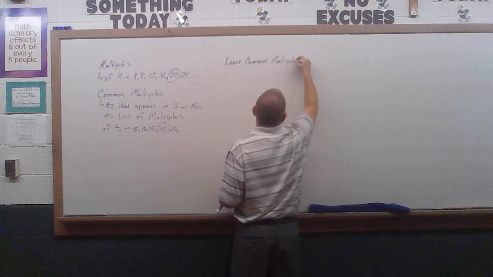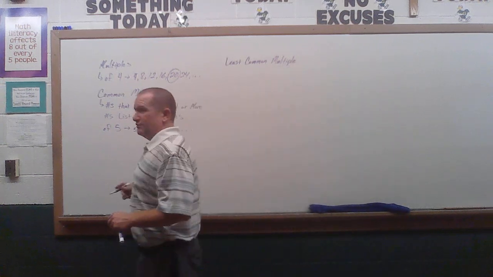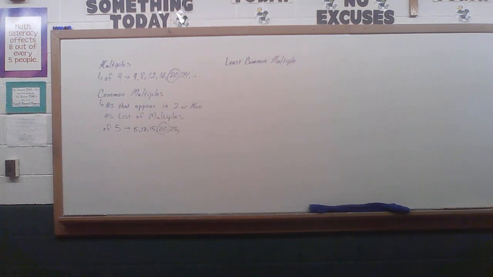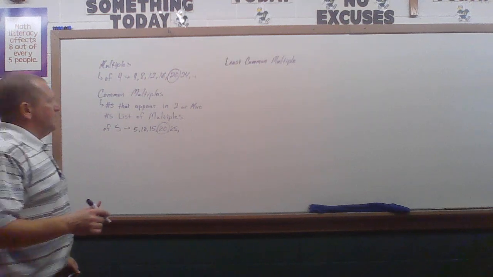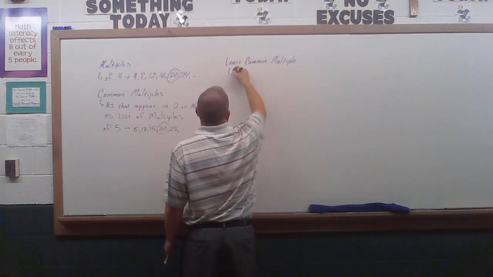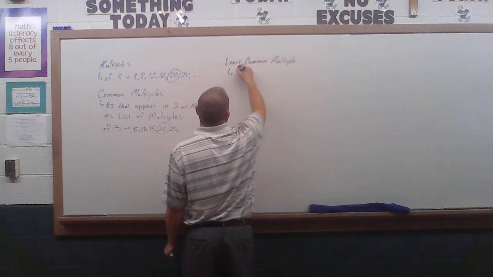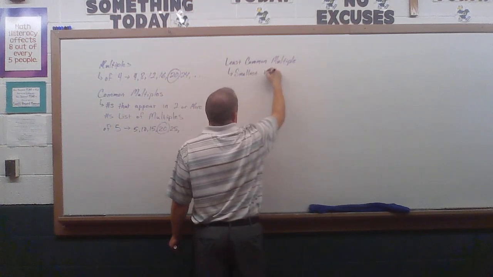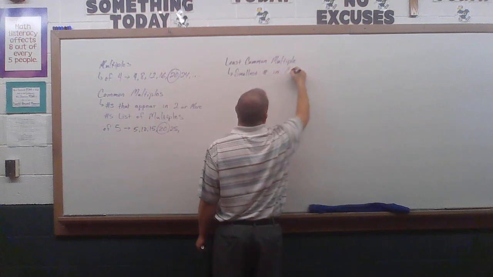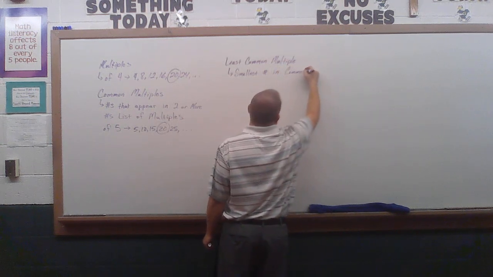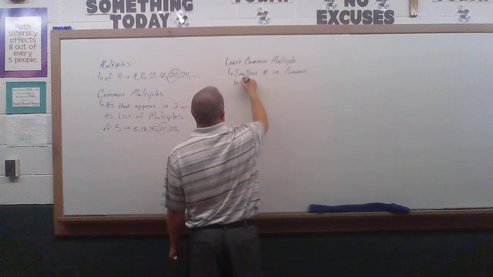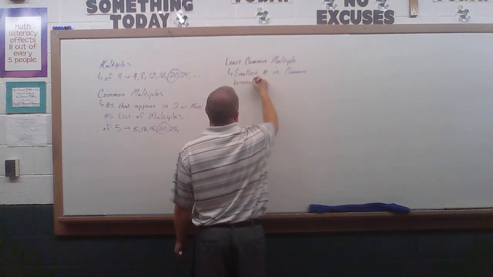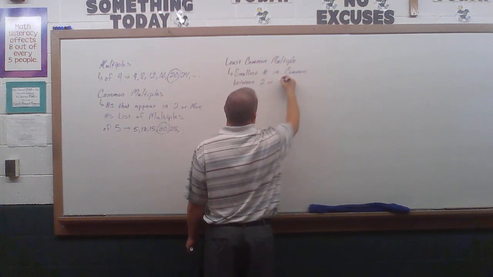The greatest common factor. So today we're going to find the least common multiple. And so this is obviously the smallest number in common between 2 or more numbers.